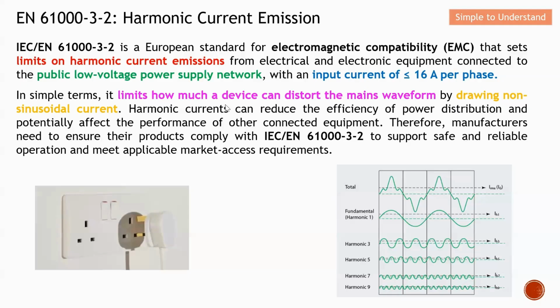So in simple terms, it limits how much a device can distort the mains waveform by drawing non-sinusoidal current. Harmonic current can reduce the efficiency of power distribution and potentially affect the performance of other connected equipment. Therefore we need to comply with this standard before we can certify that this product passes the CE or the FCC certification.